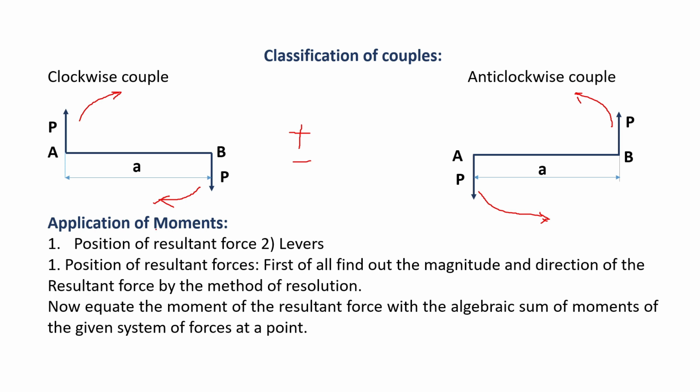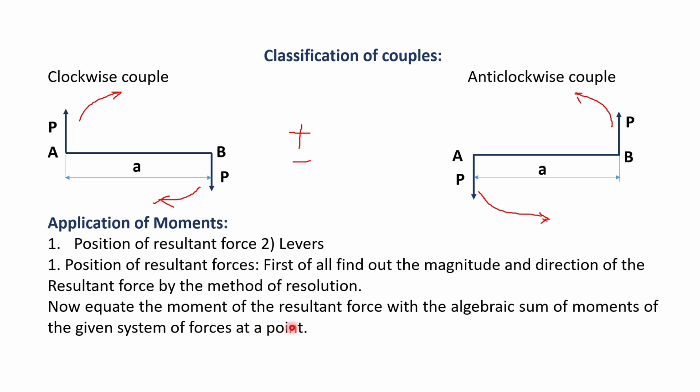Application of moment: we have seen in the previous class that we can find the position of the resultant force and solve problems related to levers. The position of the resultant force we can locate in two steps. First, we find the magnitude and direction of the resultant force by the method of resolution, and then we equate the moment of the resultant force with the algebraic sum of moments of the given system of forces at that point.